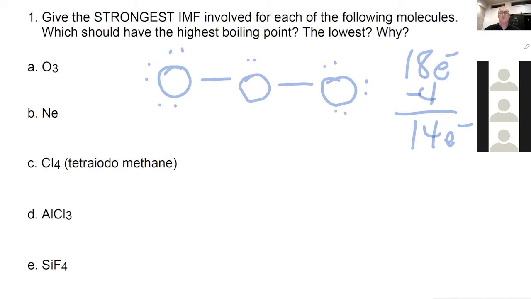So what are the issues with this particular structure? I see some problems with this arrangement. Middle oxygen isn't happy. How many total electrons does the middle oxygen have? 4.